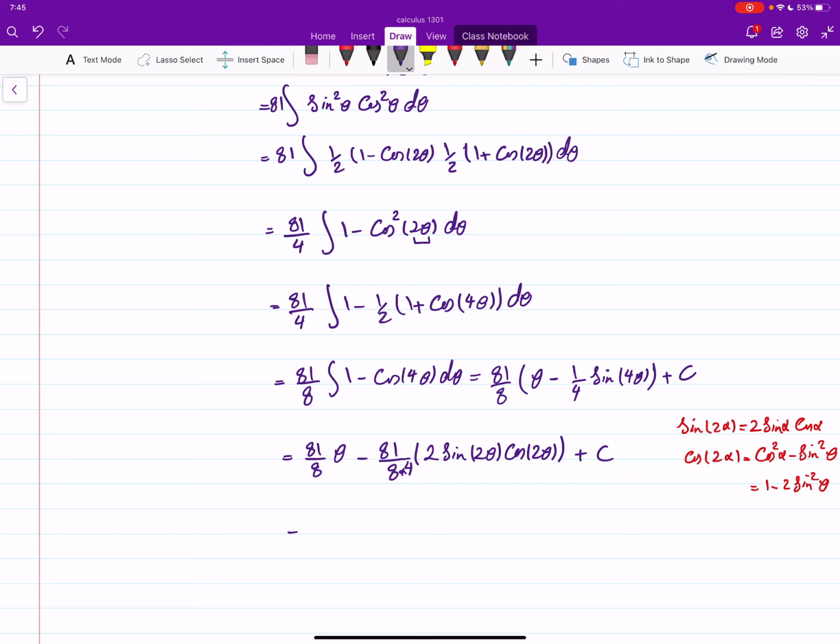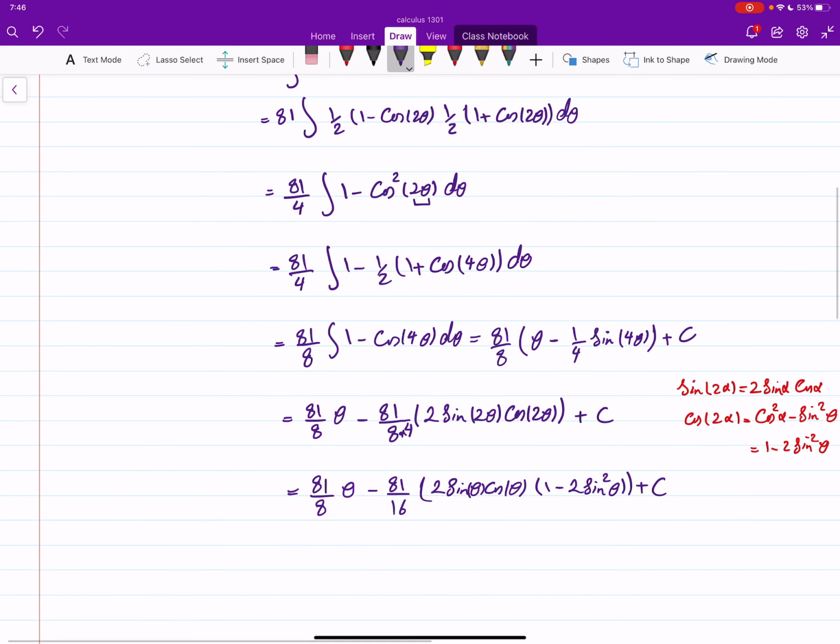And then applying it another time, this will give us 81 over 16, with 2 sine theta cosine theta for the first one, and for the second one we will have 1 minus 2 sine squared theta. Now that everything is in terms of theta, you know that x over 3 is equal to sine theta.